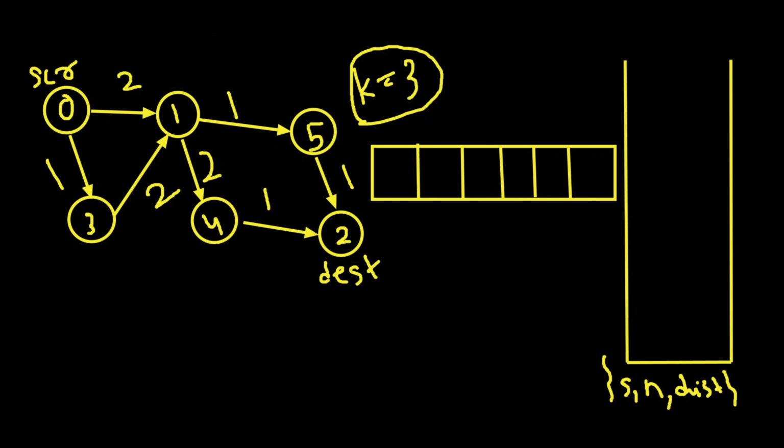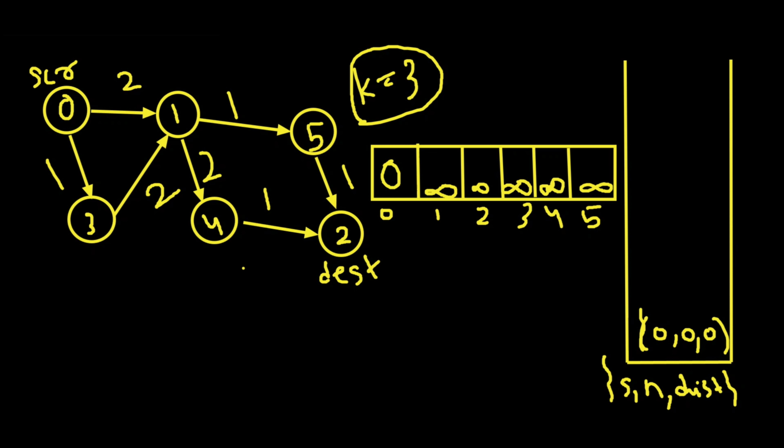Let's mark it as 0, 1, 2, 3, 4 and 5. Initially the distance from source to source is 0, and let's take infinity for every node initially. So initially our queue will have 0, 0 and 0, that is, the number of stops is 0, the source is 0 and the distance is 0.